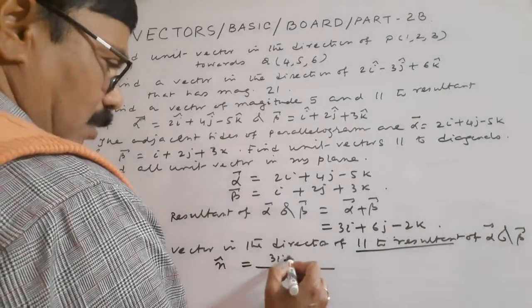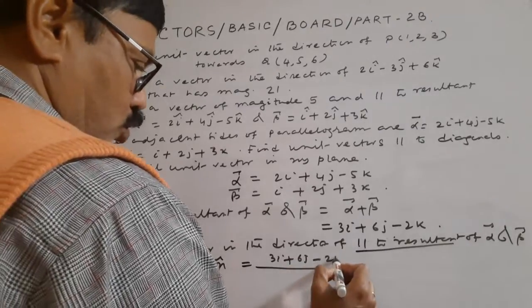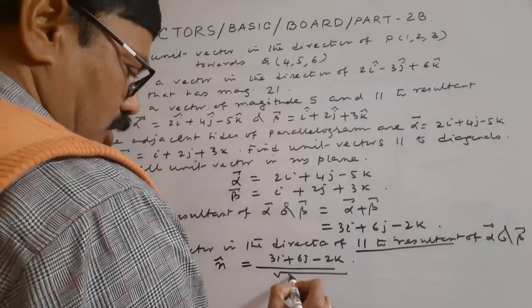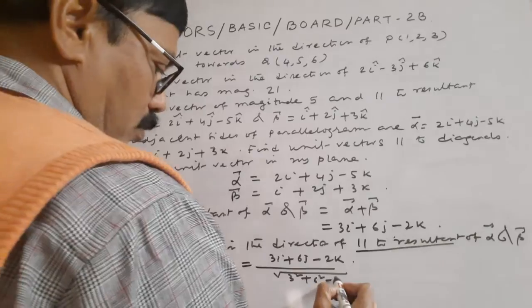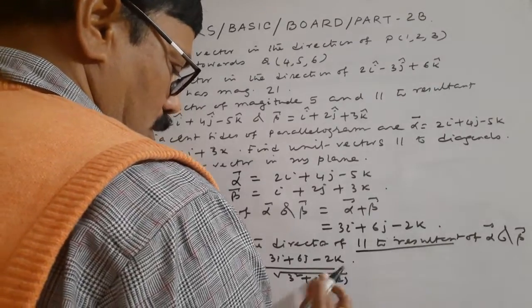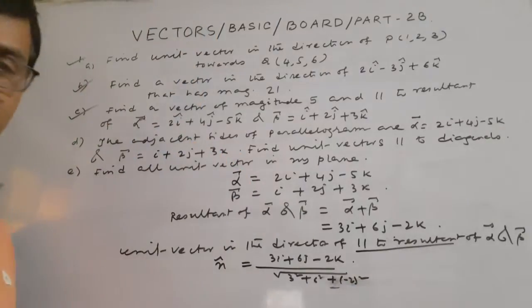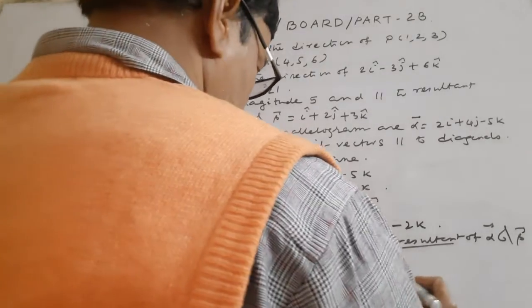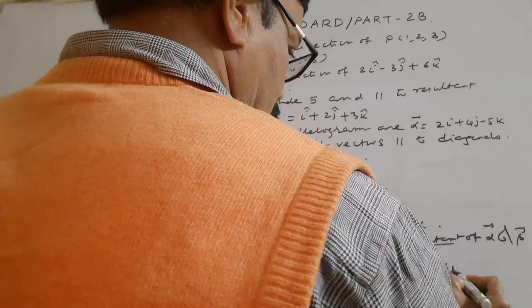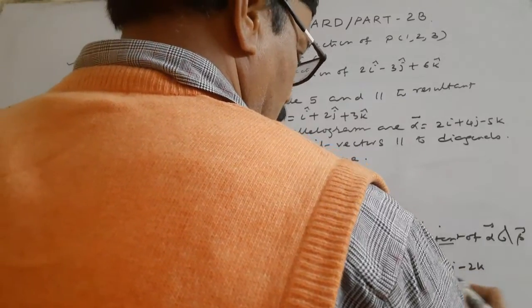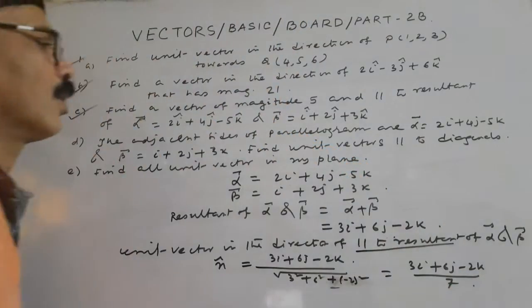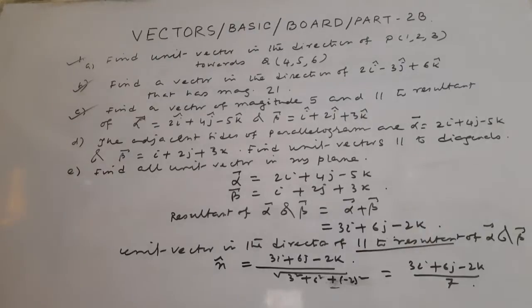So 3i plus 6j minus 2k by root over 3 squared plus 6 squared plus minus 2 whole squared. So this is 3i plus 6j minus 2k by 7. And what is the magnitude?